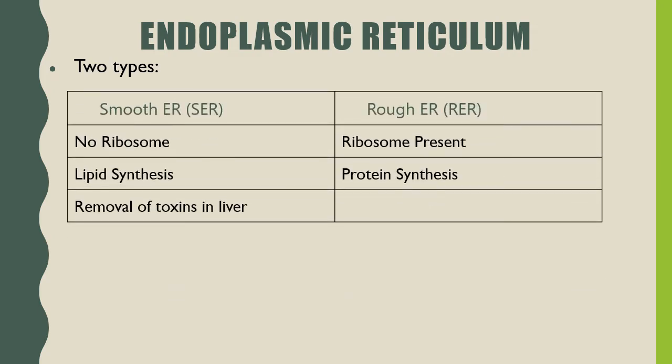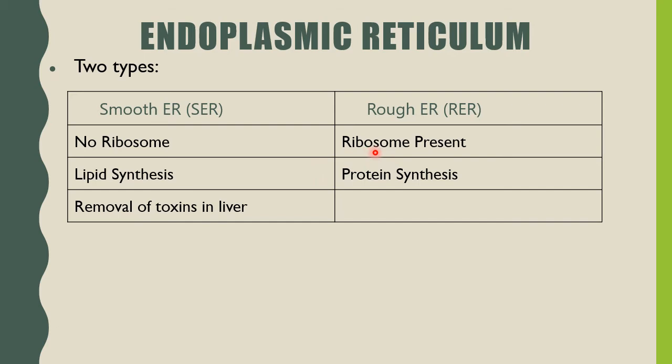Now the two types of ER are rough endoplasmic reticulum and smooth endoplasmic reticulum. Can you guess why they are named so? Yes, because of their appearances. Rough endoplasmic reticulum is rough because it has many ribosomes embedded on its surface.